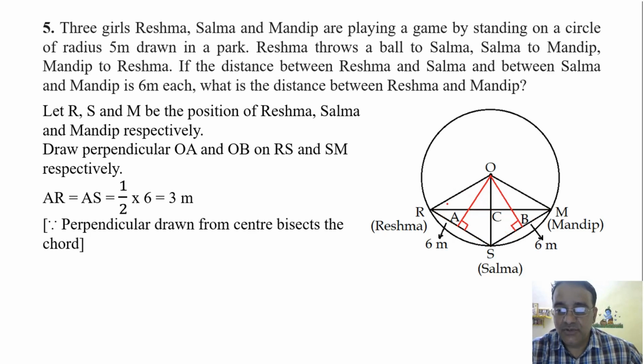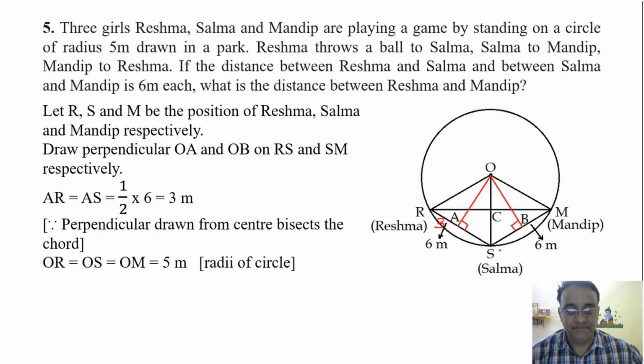Right. So this is 3 meter, and what is OR? OR, OM, OS, these are the radii. So they are equal to 5 meter. Now we got OR is equal to 5 meter. Take this triangle. How will you find OA? By using Pythagoras theorem, right?